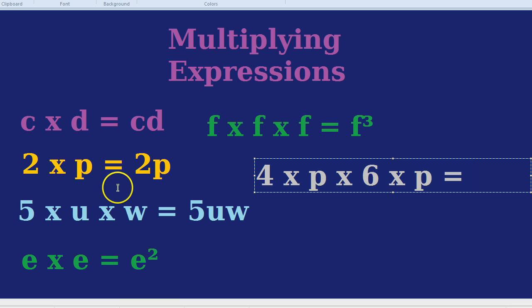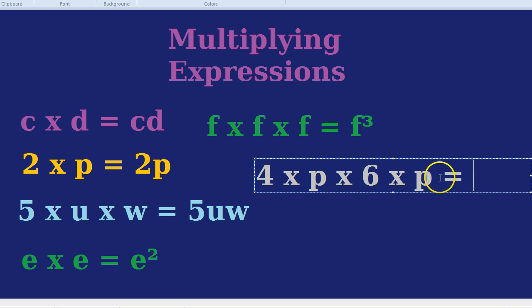We don't tend to write P2 or UW5, because then it can be confusing about whether you mean E squared or 2E. If we're just multiplying it, we write 2P with a number first, and we tend to keep it in alphabetical order, so it would be CD rather than DC, and UW.